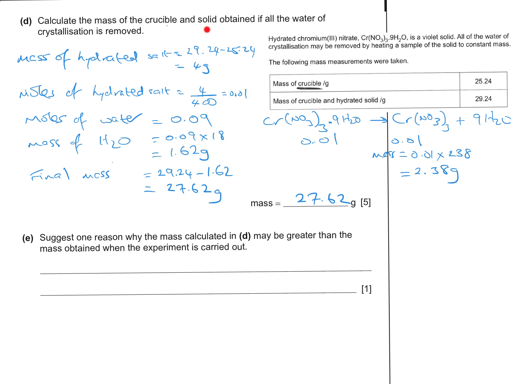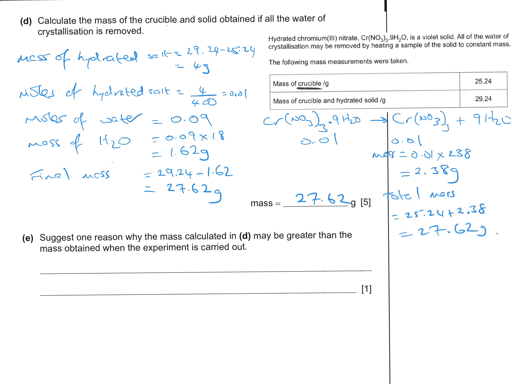So this is the anhydrous solid that it's referring to. So it's the mass of the crucible plus the mass of the anhydrous solid. And when you add 25.25 to 2.38, that equals 27.62.